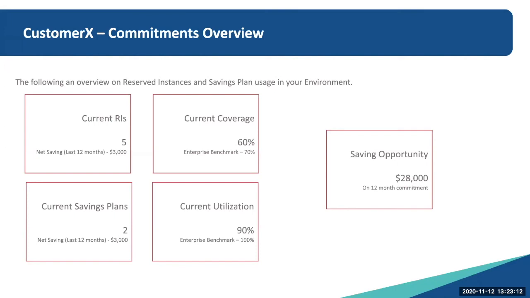If you've requested capacity and you're not using it all, then you'll be paying for that, and we don't want to be paying for something that we're not using. And then the savings opportunity of acting on those underutilized RIs, and also covering more as part of those, will provide an insight into what that saving opportunity can be.